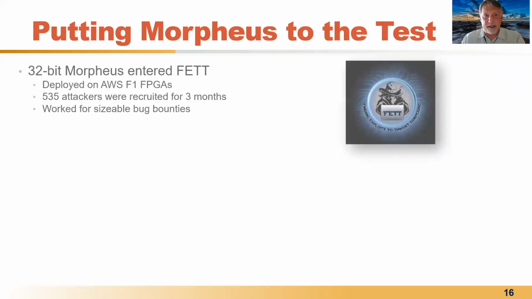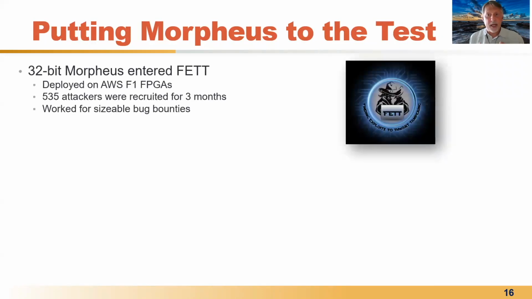As part of the DARPA SITH program, one of the gates to getting through the program was what's called the FET challenge. The FET challenge was a commercial red teaming of your target. It was done with a company called Synack in Redwood City, California, which works with world-renowned security researchers who come and attack your system.